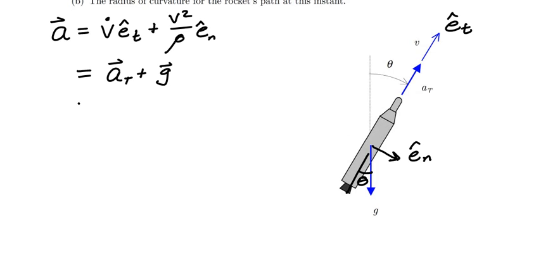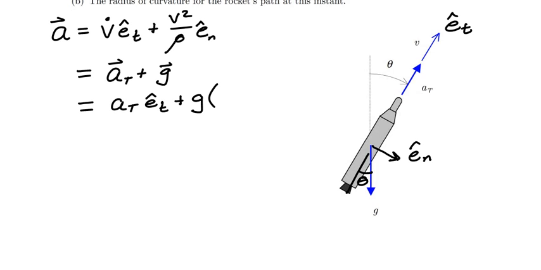So a sub t is simply the scalar a sub t in the e sub t direction. I can add to that g, the gravitational constant, which is reduced due to the altitude, and I can project this back onto the e sub t and e sub n directions.